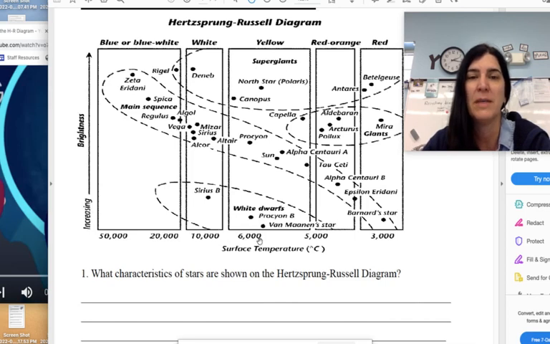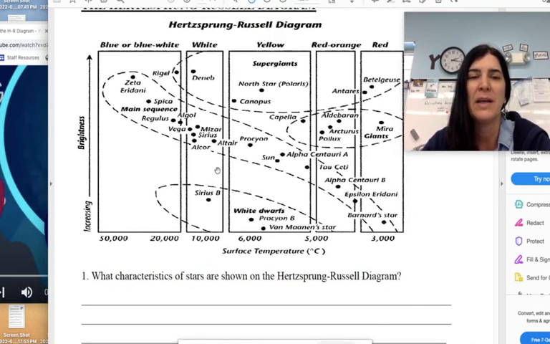Also on the bottom here, what do we have? The temperature over here seems to be increasing, but starting from the right. Look, it starts right here, 3,000, and it increases moving on to the left, okay? So we're going to be answering questions based on what we see on the diagram.